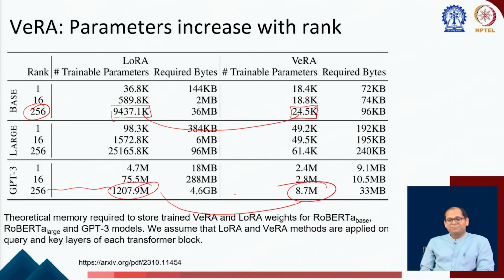So that's why you don't have to bottleneck yourself with just a small rank for LoRA. You can use VeRA with a high rank, but in a different formulation where you don't have separate A and B's across layers, but you will have trainable vectors that are multiplied to them. So they are just scaling these A and B separately across layers, right? Different rows, different columns can be scaled separately.